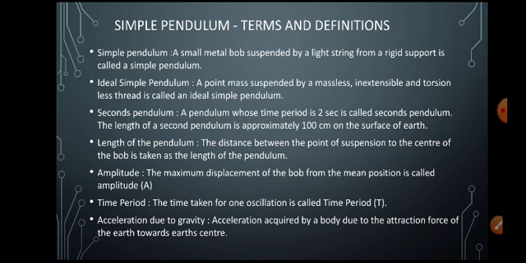This seconds pendulum takes 2 seconds for making one oscillation. The length of the seconds pendulum is approximately 100 centimeters on the surface of the earth, or equal to 1 meter. So what is the length of the pendulum?